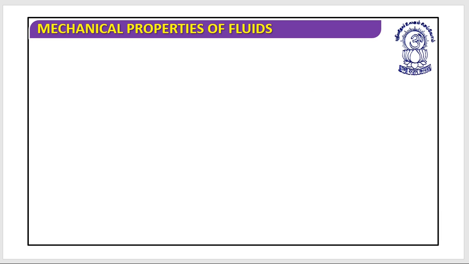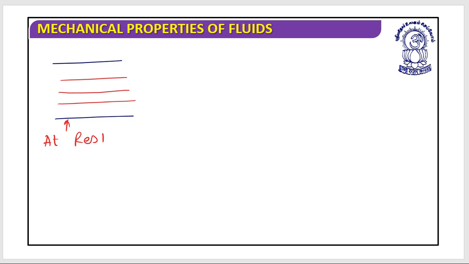Suppose this is a plate on which different layers of fluid are present, and suppose this plate is at rest while a certain force F is applied on the top. Now let's divide the layers into first, second, third, and fourth layer.